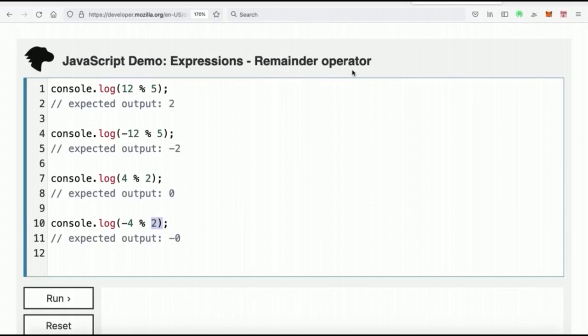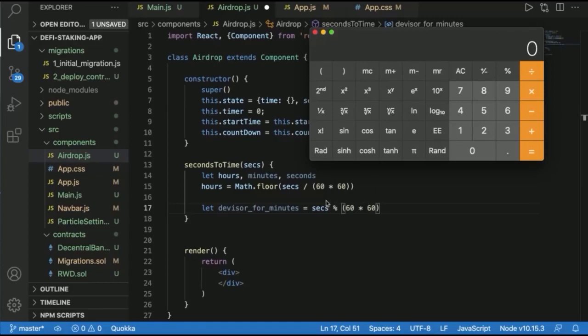So why is this important for calculating for our clock? Well, again, if we have, let's say, 20 seconds, and we have 3,600 again for our calculation for total seconds to minutes. So if we divide 3,600 by 20 seconds, we get 180.